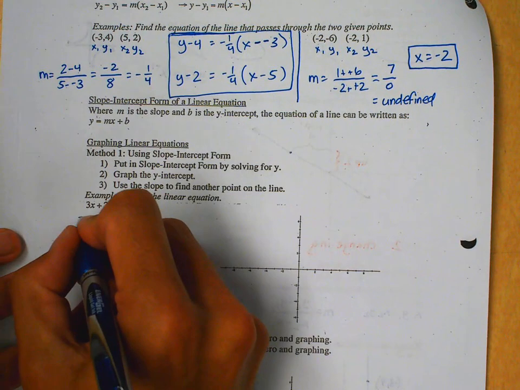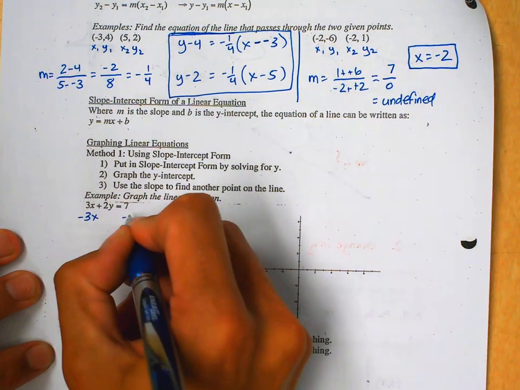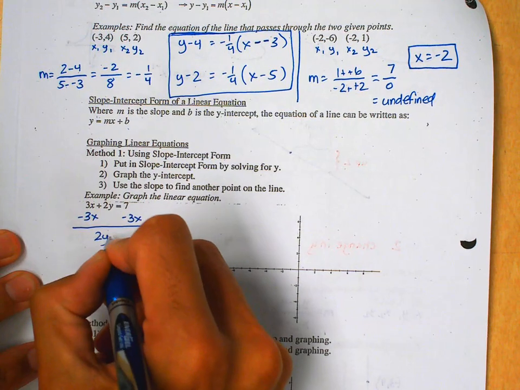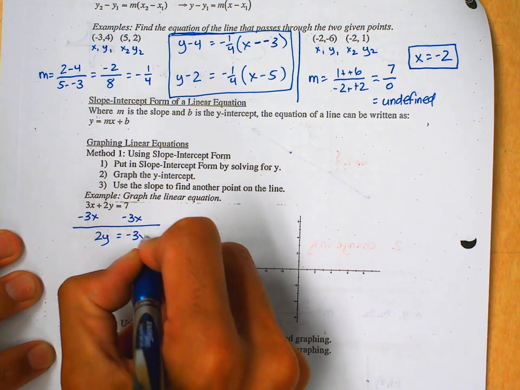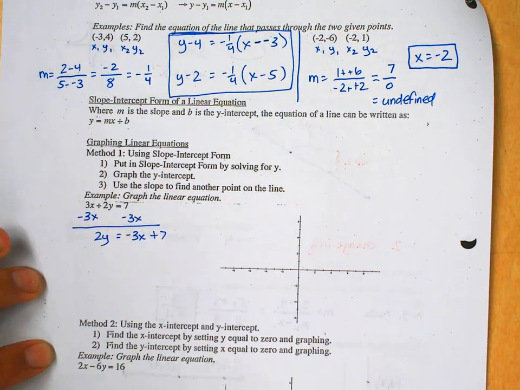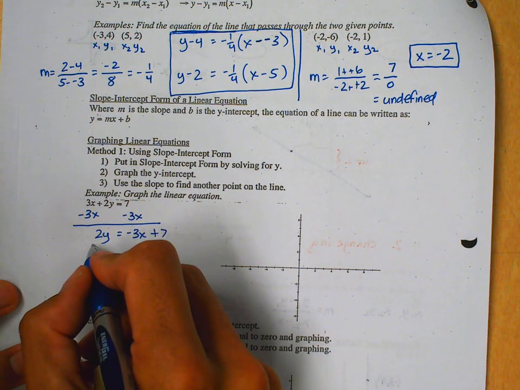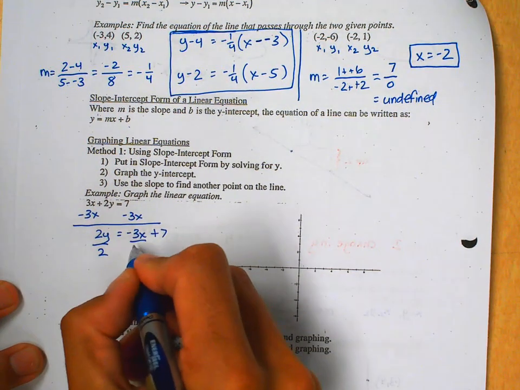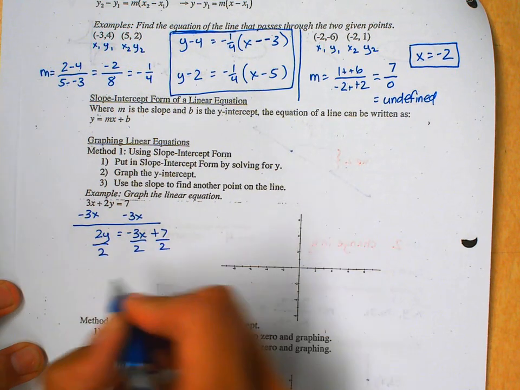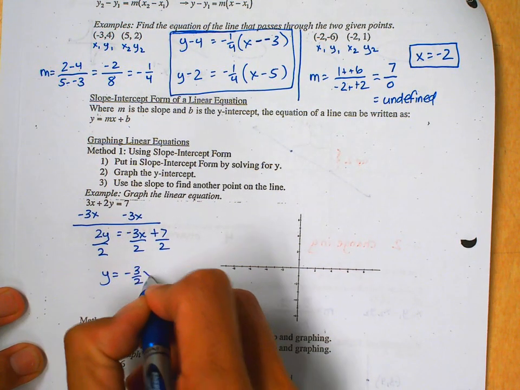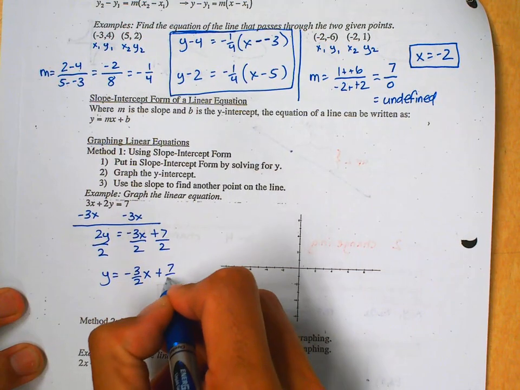So subtract 3x on both sides. We're going to get 2y equals negative 3x plus 7. And then still getting y by itself, so everything gets divided by 2. And y equals negative 3 over 2 x plus 7 over 2.